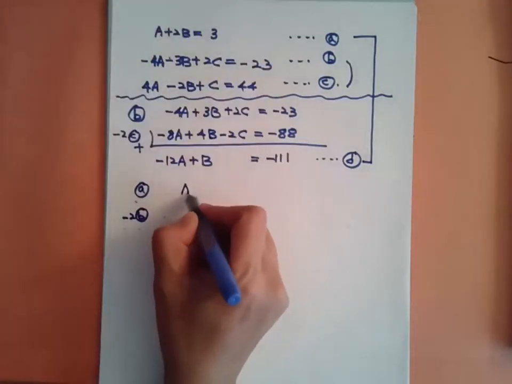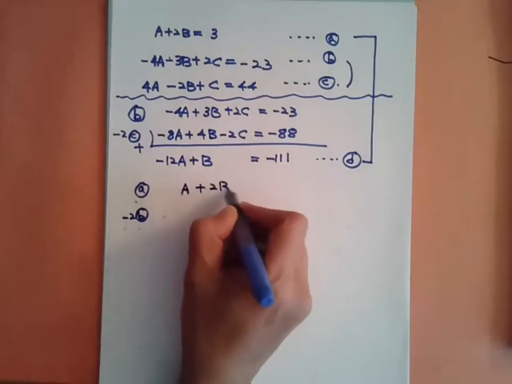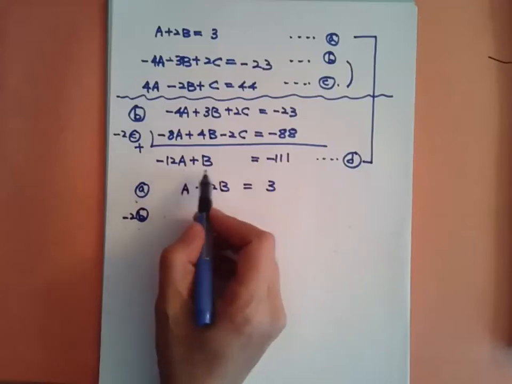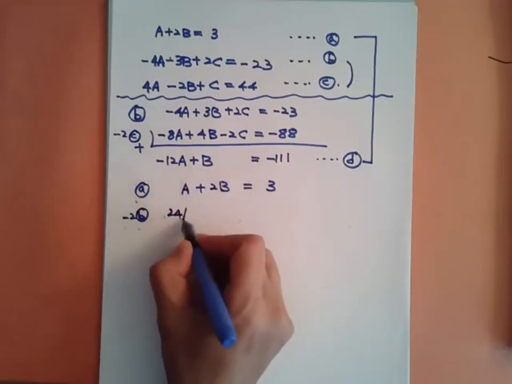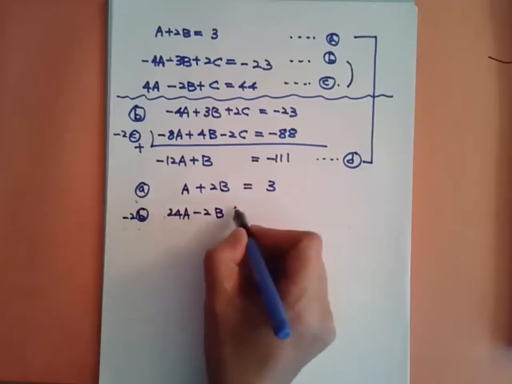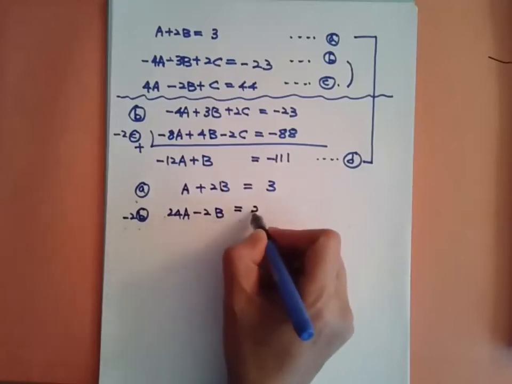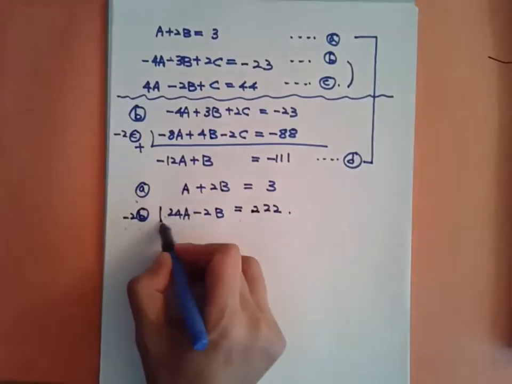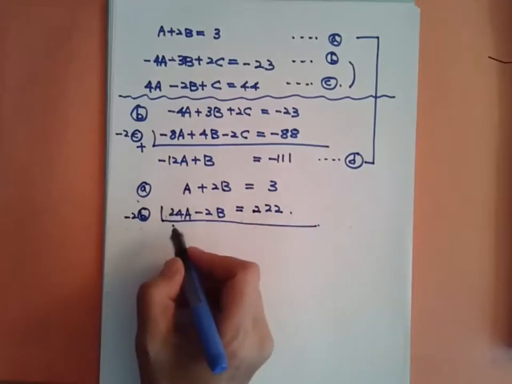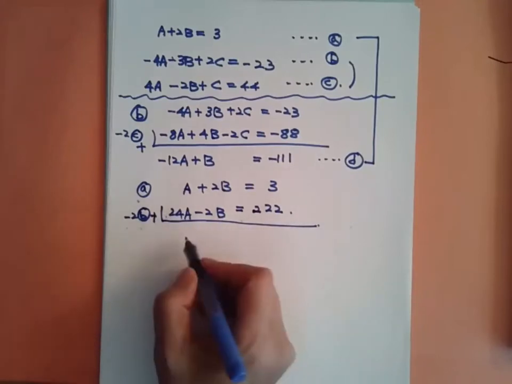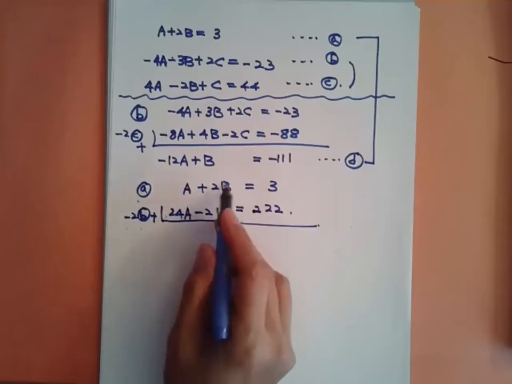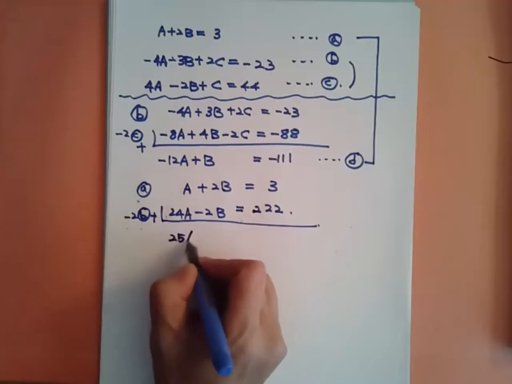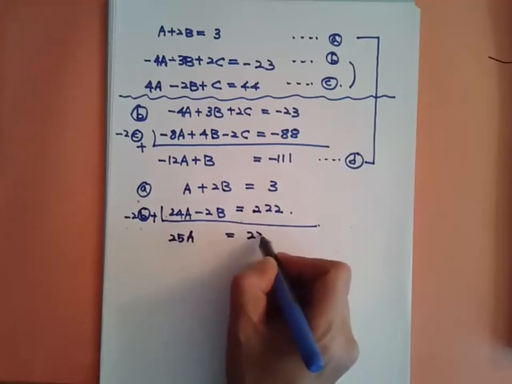A is a plus 2b equals 3. If we multiply D by minus 2, then we get 24a minus 2b equals 222, right? When we add vertically, the b terms cancel each other, and 25a equals 225.